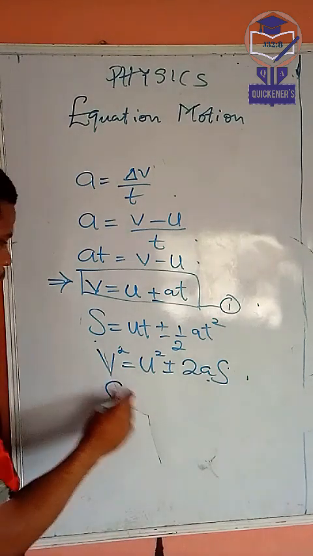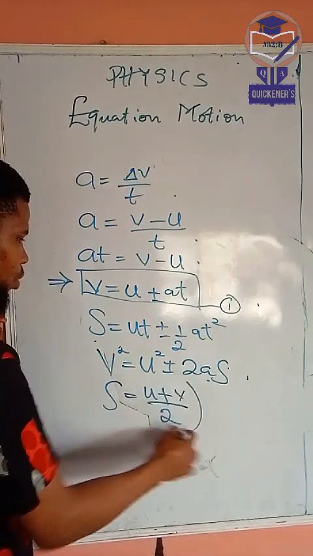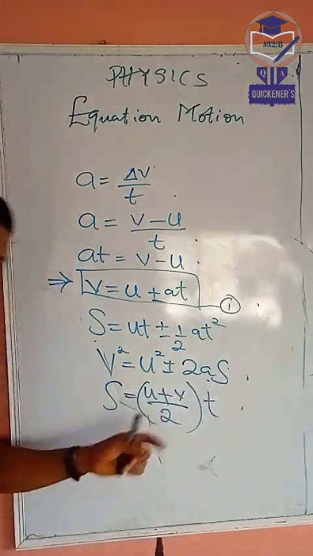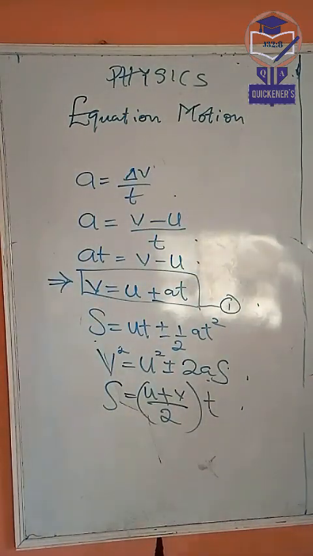The other one is s equals (u plus v) over 2 times t. This is for average velocity.